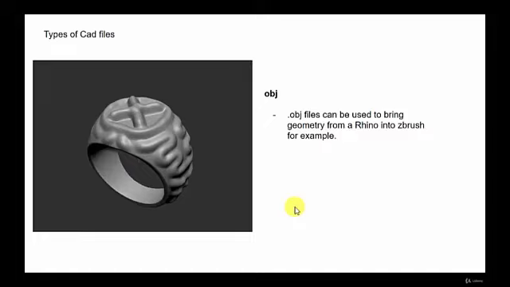In this case, I created the basic geometry in Rhino, saved it as an OBJ, put it into ZBrush, did these organic shapes on the sides and on the top, and then saved it. So OBJ is the file we would use if we want to play with ZBrush a little bit. And of course we could also use ZBrush to make geometry, and then we would save with the native ZBrush extension.